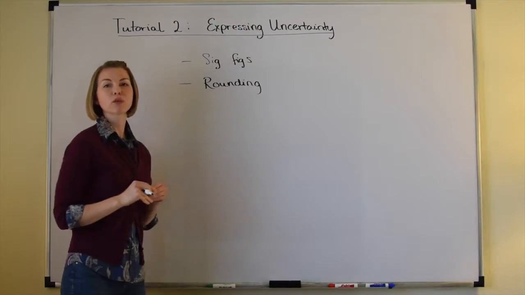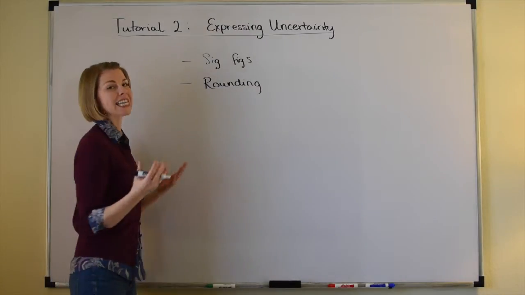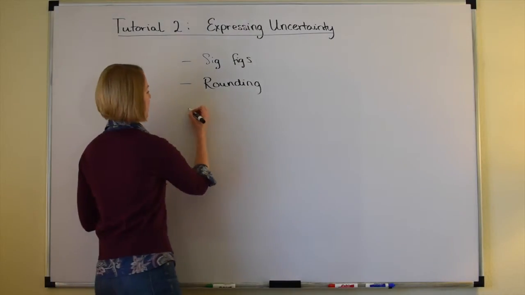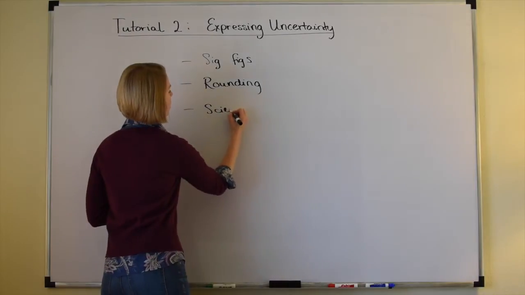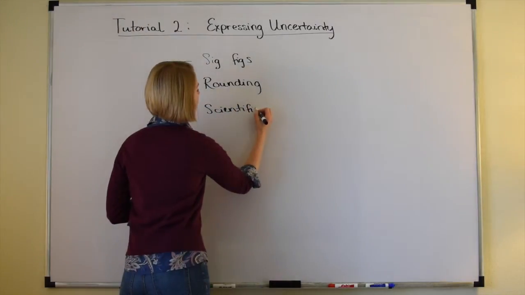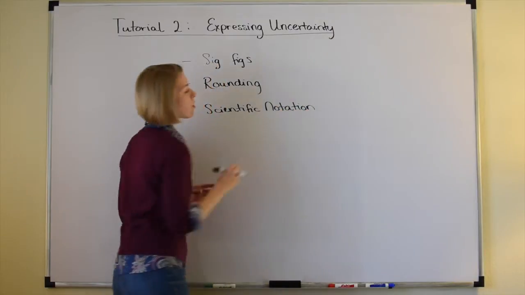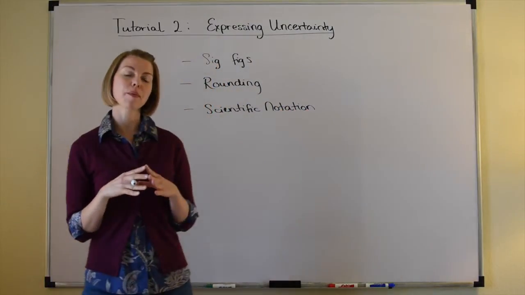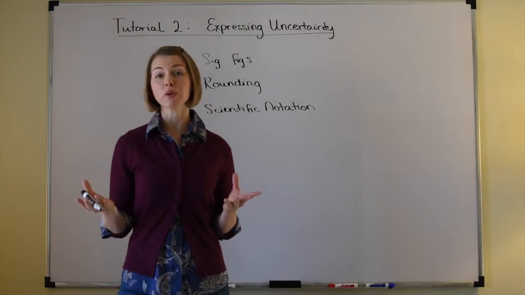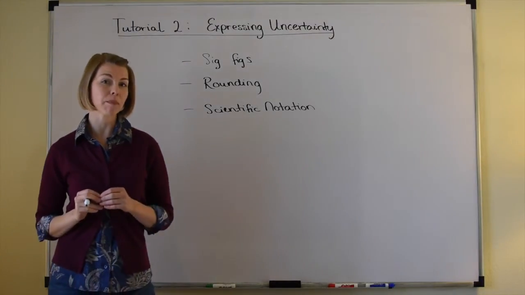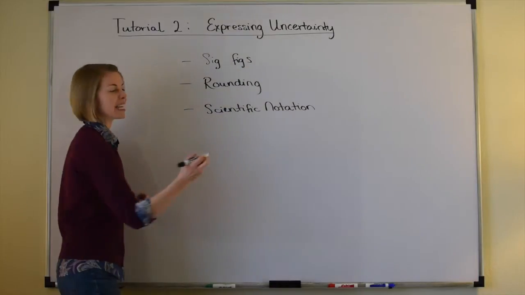And we'll learn how to express our numbers in scientific notation. Finally, we're also going to talk about how to convert between units using a very systematic method called dimensional analysis.